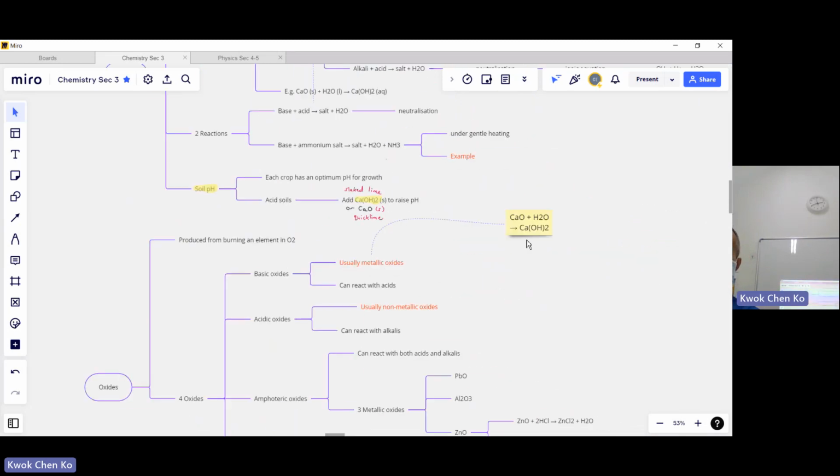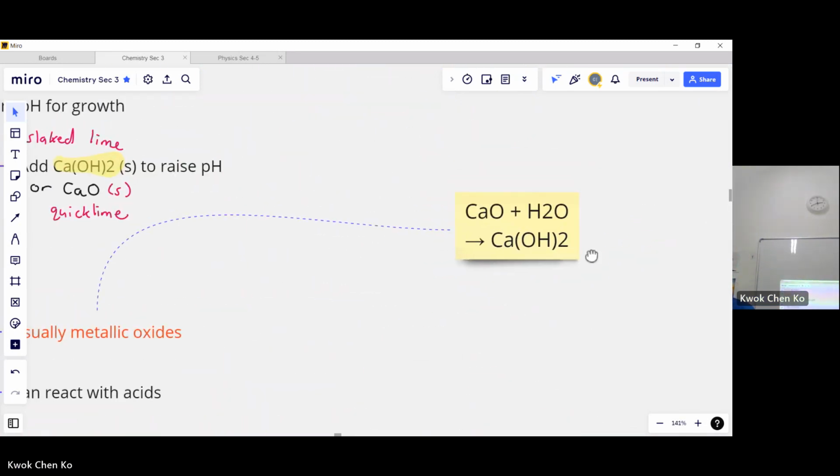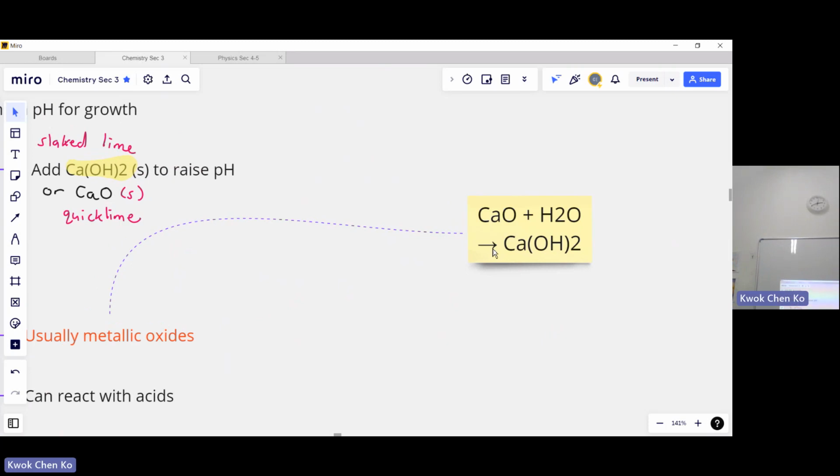Oh, just one last thing. Now, we mentioned these two compounds, calcium oxide and calcium hydroxide. Just know that if this guy encounters water, it can turn into the other guy. He asks this once in a while.